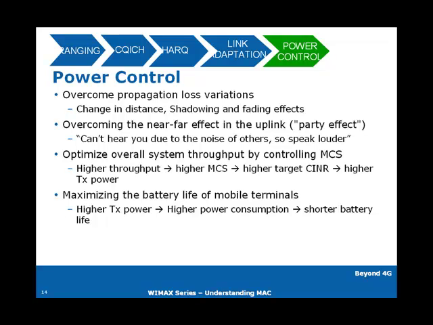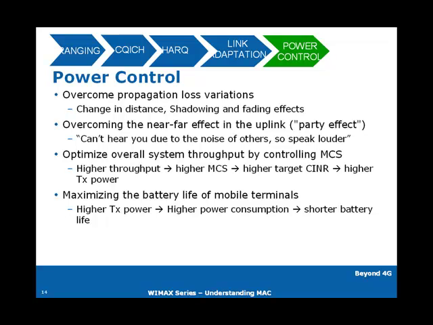So if a mobile station is very close to a base station, and there is no power control mechanism, it can generate a party effect, in which it can actually stop the communication with the base station, and also creates a lot of interference.